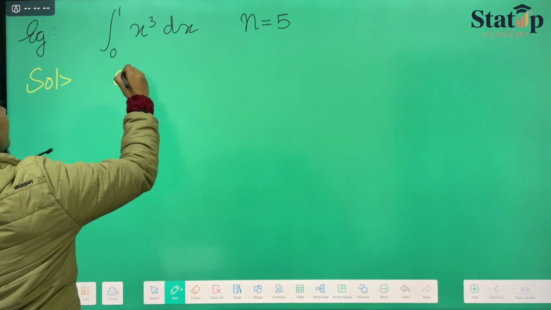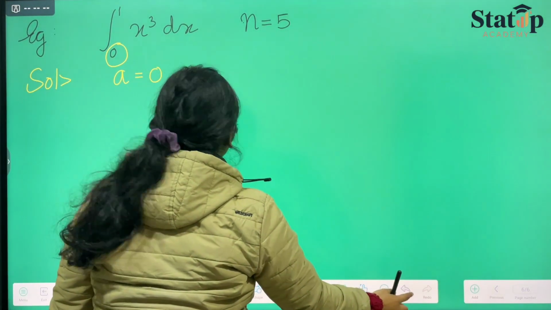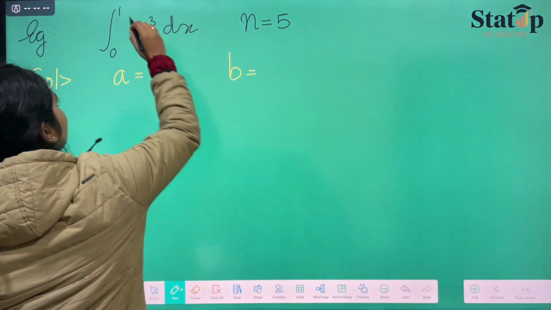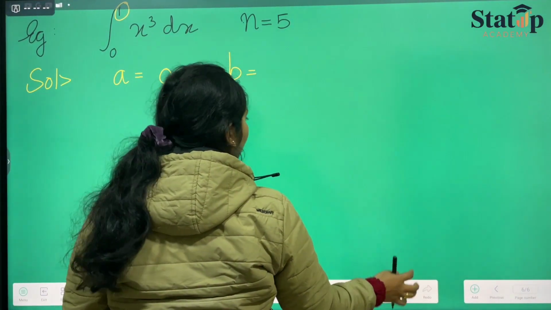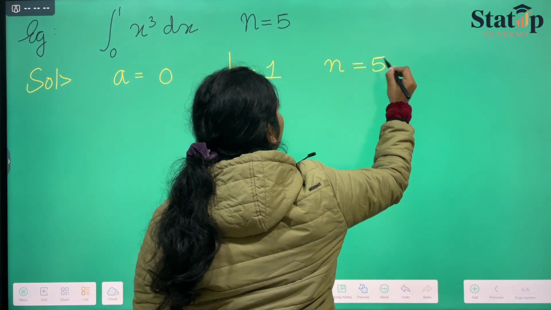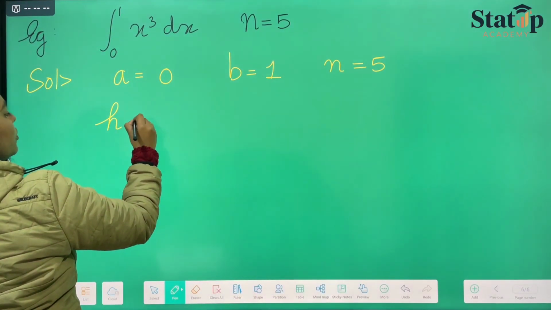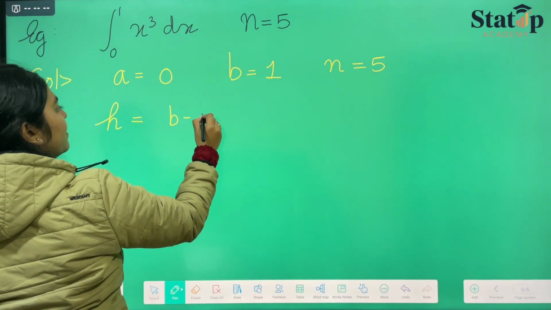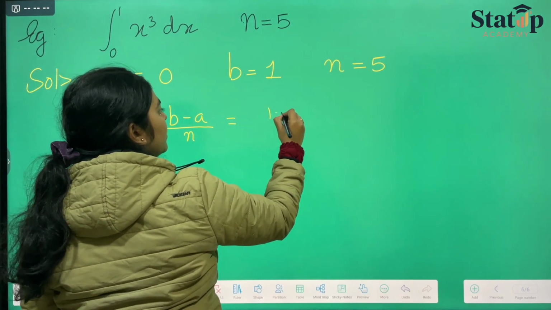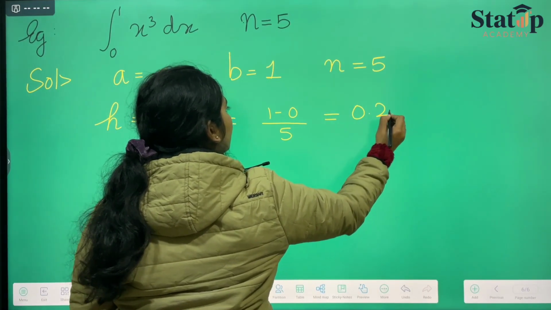Here the initial point is 0, so a will be 0. The final point is 1, so b will be equal to 1. n has been given as 5 subintervals, so n will be 5. Now we'll calculate h. We know that h is b minus a upon n, which is 1 minus 0 upon 5, which equals 0.2.